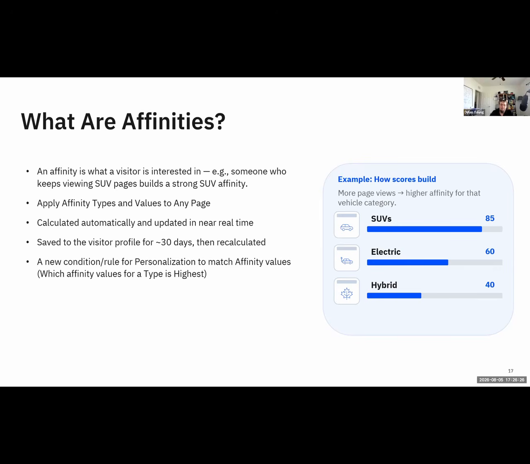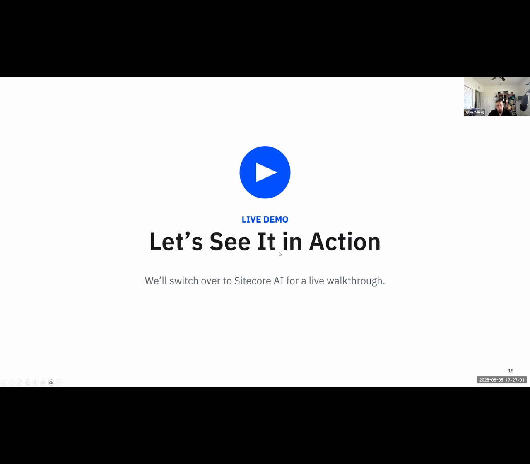So over time, if somebody's looking at different models of an SUV, you could tag each of the model's pages with product category equals SUVs. It's a very simple explanation, but that would allow you to know a little bit more about that user. There are other use cases where it would be about the intent of the user based on what pages they're looking at. So let's look at this in action.